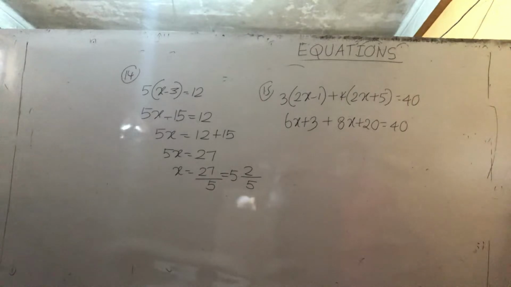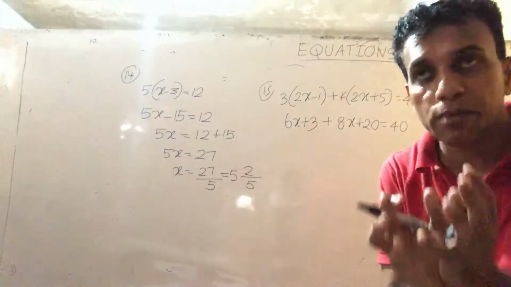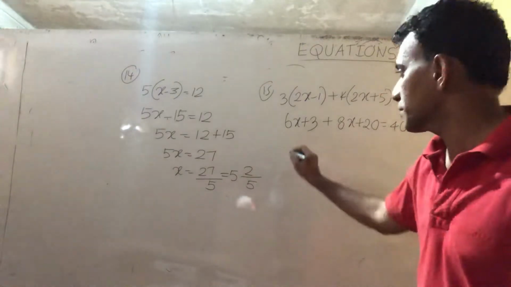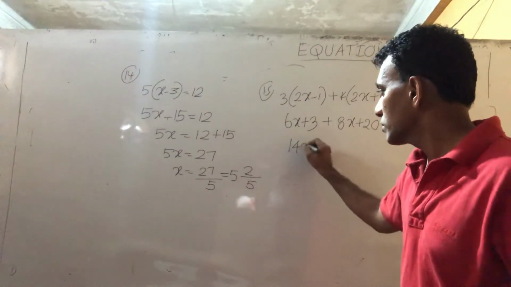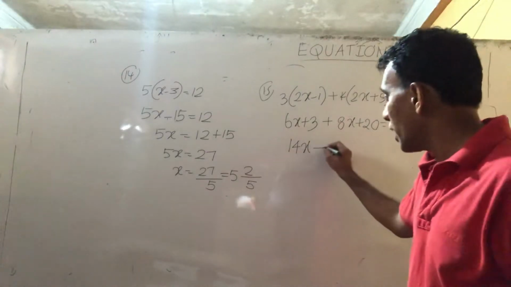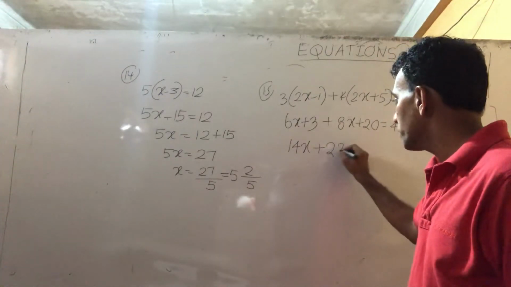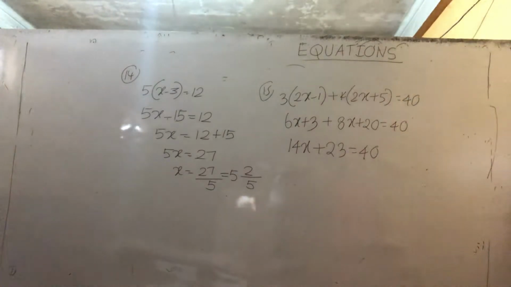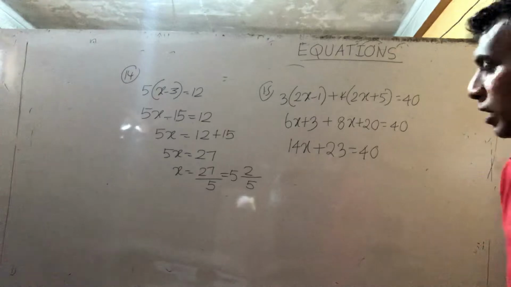Okay, now we count added total how many x terms available. 6x, 8x, 14x plus 3 plus 20 plus 23 equal 40. Okay. Now rearrange.